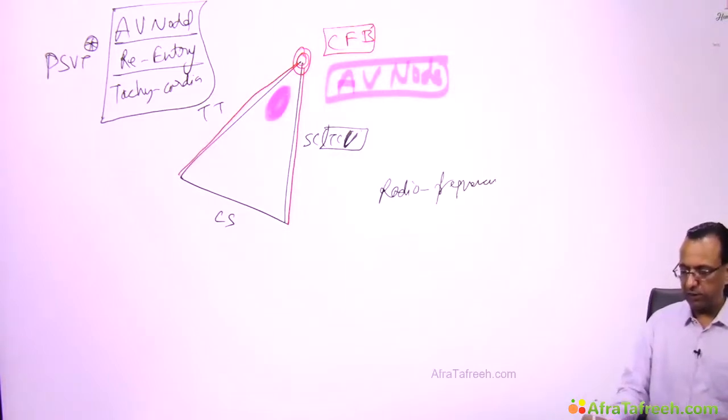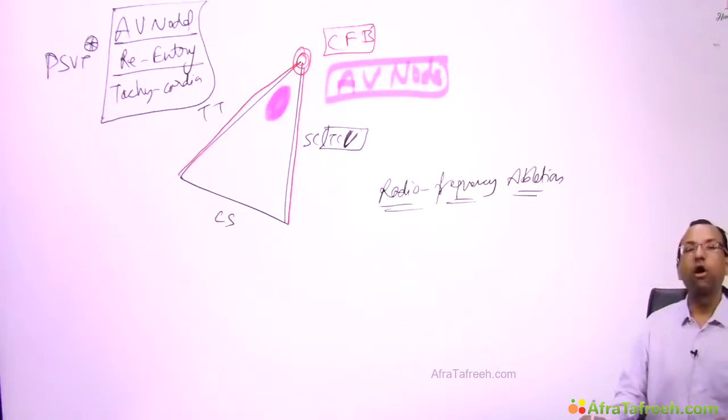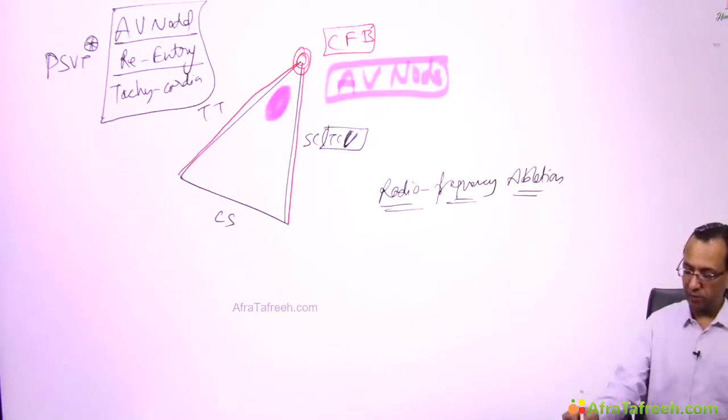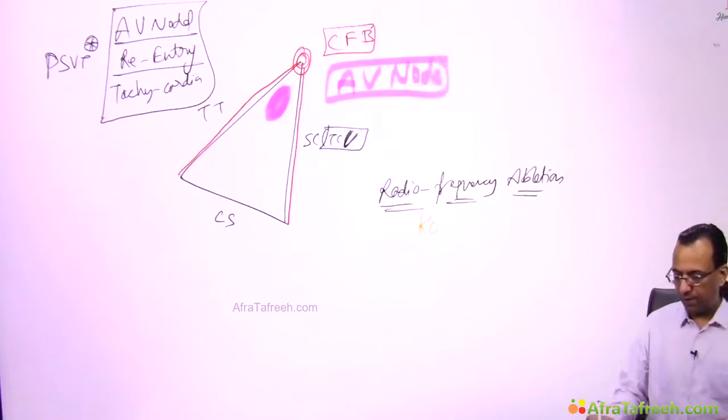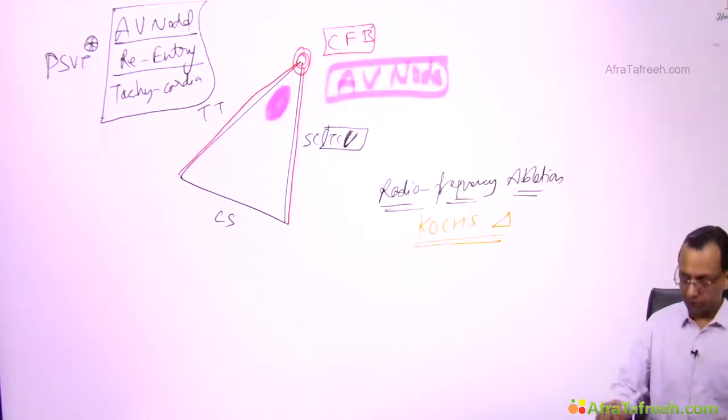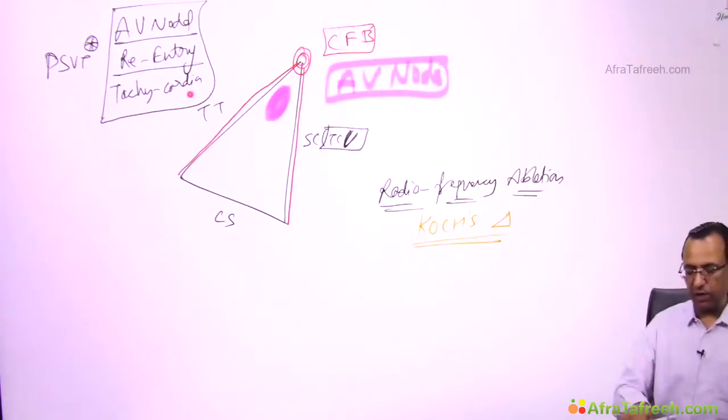Radiofrequency ablation of what? Radiofrequency ablation of the Koch triangle. I will destroy the Koch triangle. What will happen if you destroy the Koch triangle? Then I will destroy the AV node. Then what will happen? See, why was there tachycardia? Due to some re-entry at the level of the AV node.